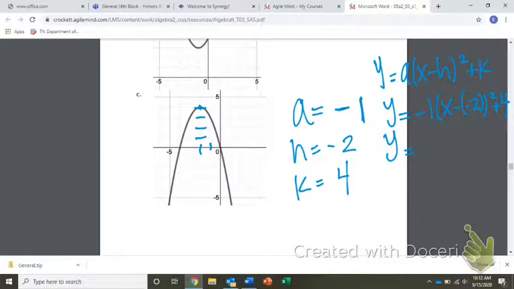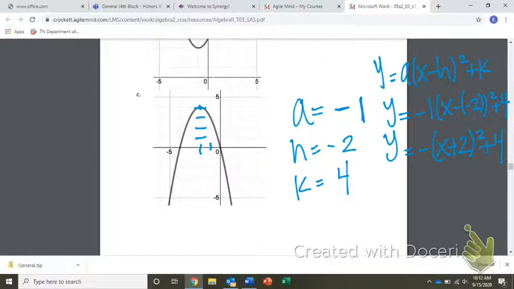I'm simplifying. And that is my answer. So I want you to do B on your own, and we'll talk about it in class.